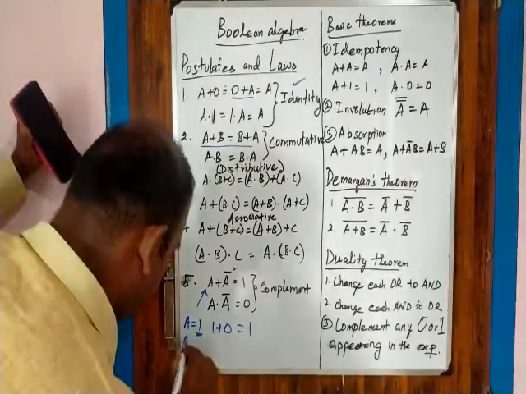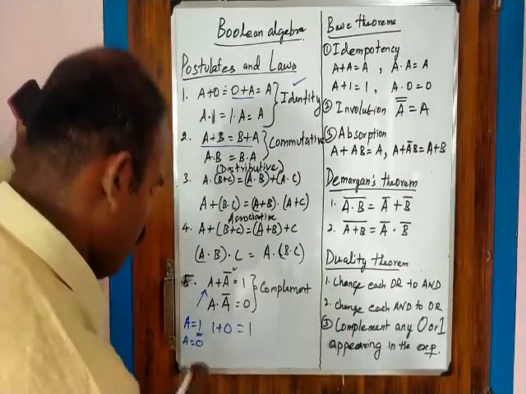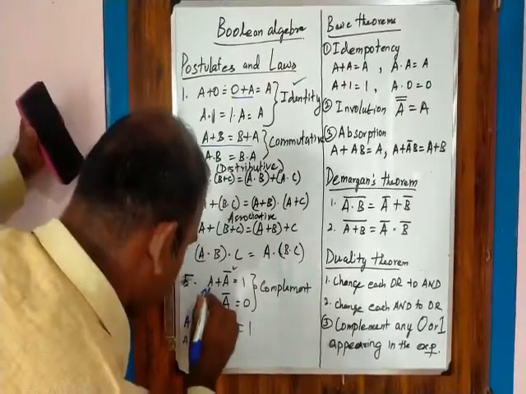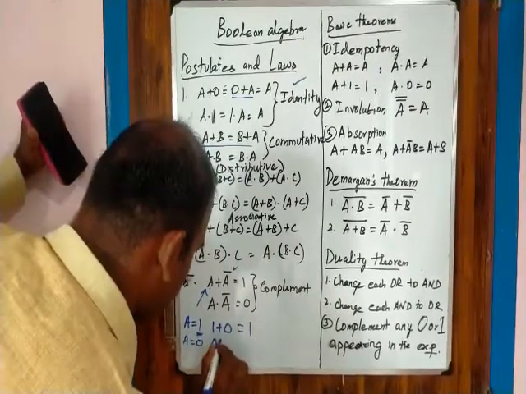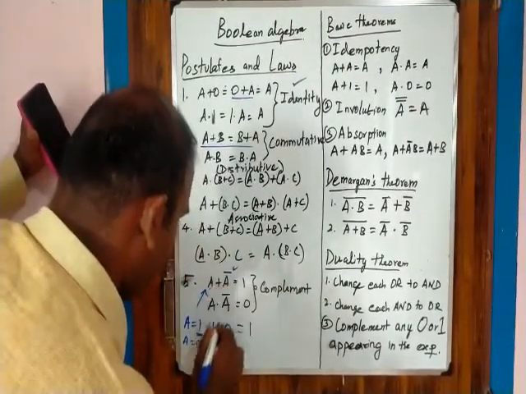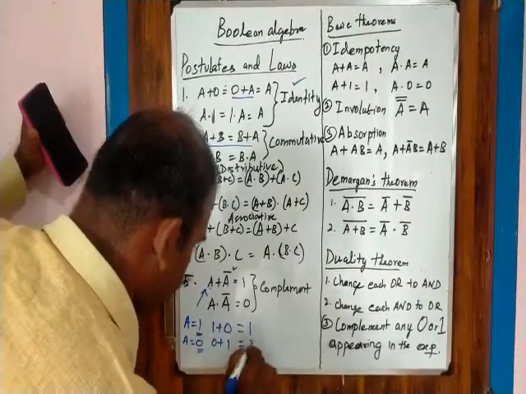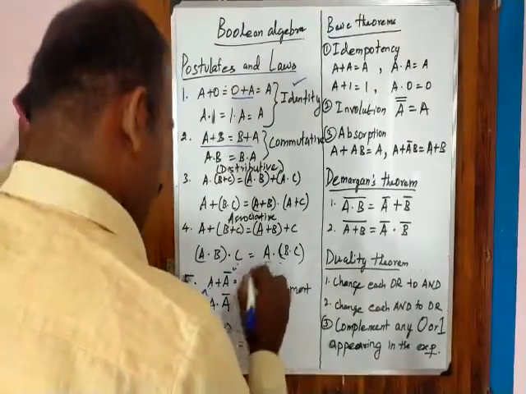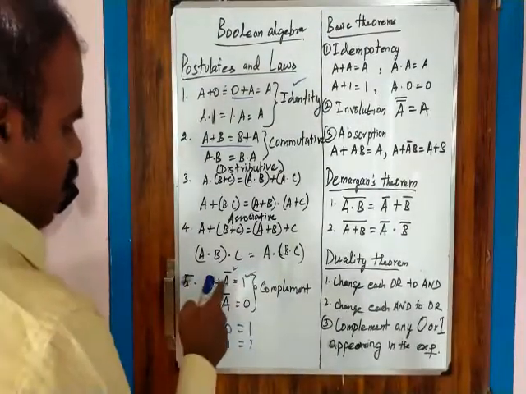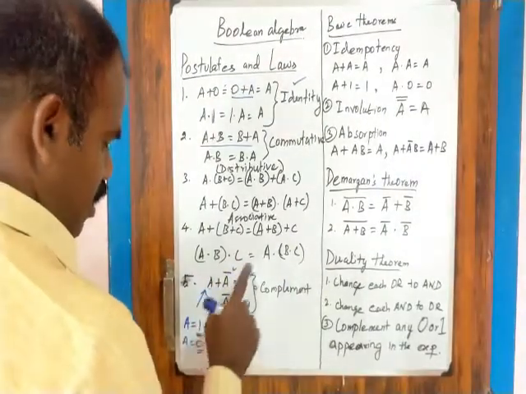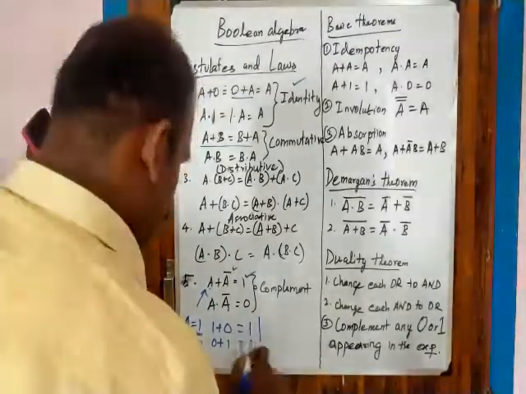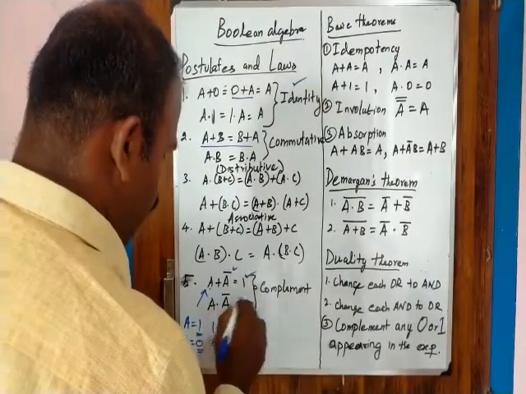Similarly, if you substitute A equal to 0, then complement of 0 is 1. This is also 1. So the first, A plus A bar equal to 1, is verified.